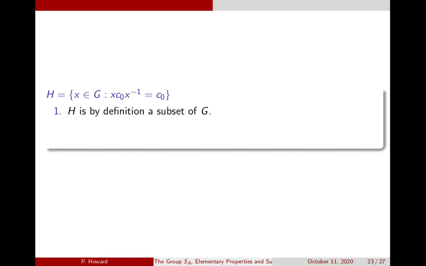Beginning the proof, we first show that H is a subset of G. This, by definition, doesn't really require a proof.